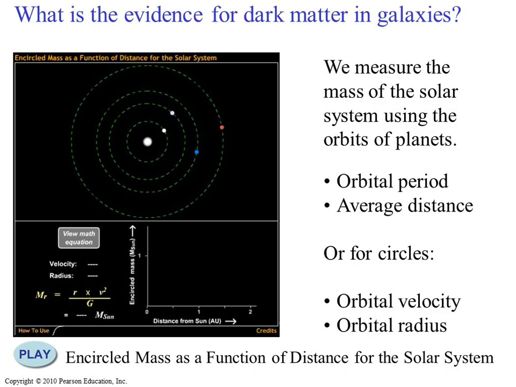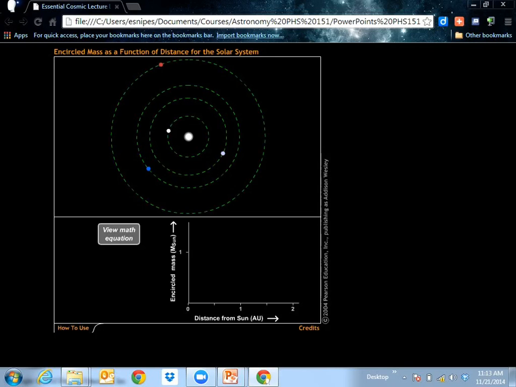So I have a few little applets to build up to how we know that dark matter is there. There are a few ways we can understand that the matter of something has an influence on objects. For instance, as planets orbit the stars, in this case our solar system, we know that the sun in the middle is influencing how the planets go around. If the sun were not there, the planets would not do this.